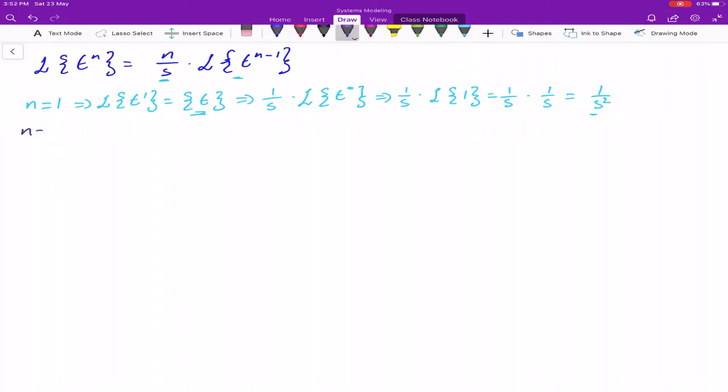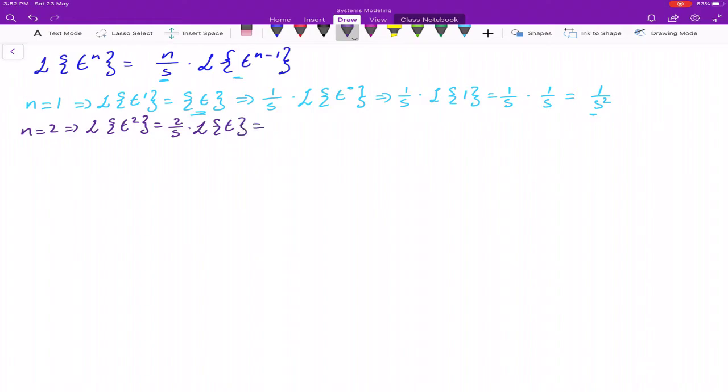What if n is equal to 2? We can do exactly the same because we are trying to find the general formula of t to the n. We are going to have the Laplace transform of t squared, and this is going to be n, which is 2, over s times the Laplace transform of 2 minus 1, and 2 minus 1 is just t.